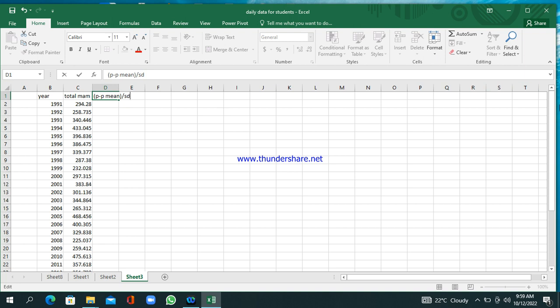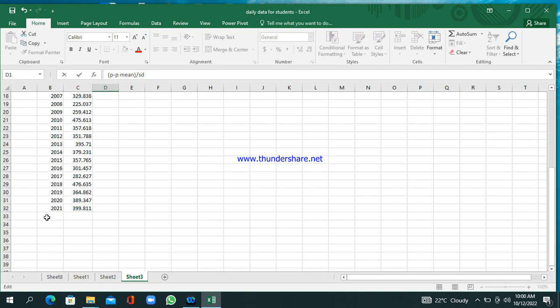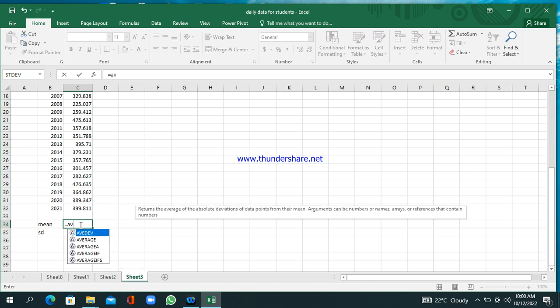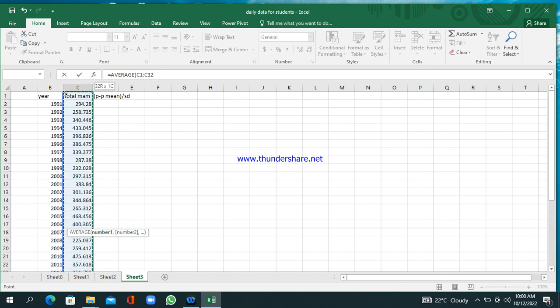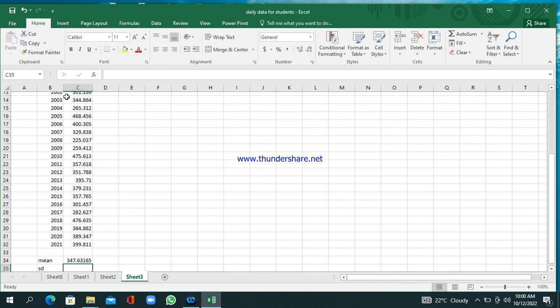So I have to compute the mean and standard deviation. So mean, equal sign, average. So select all the totals. I select, enter.